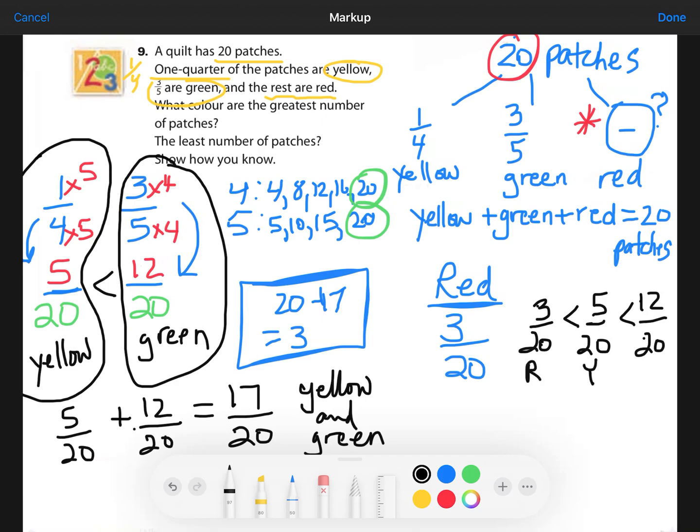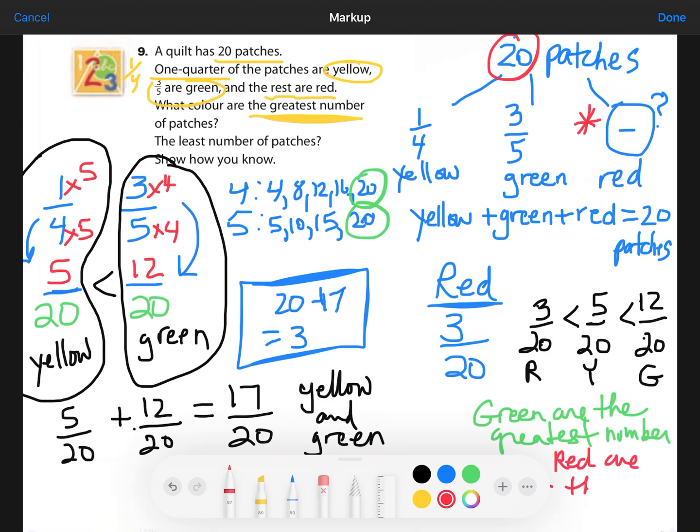And I'm going to use letters to label that. Now the question specifically asks, what color are the greatest number of patches? So we would say then that green are the greatest number. The least patches would be red. Red are the least.